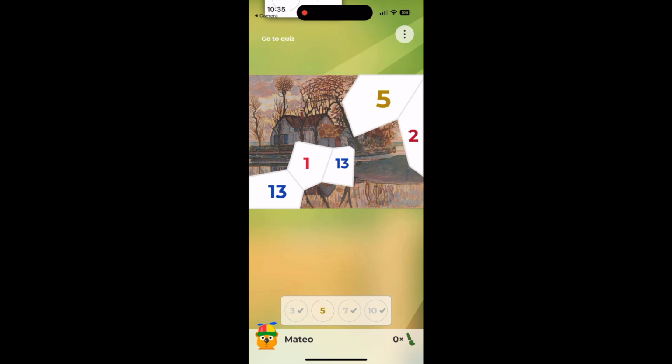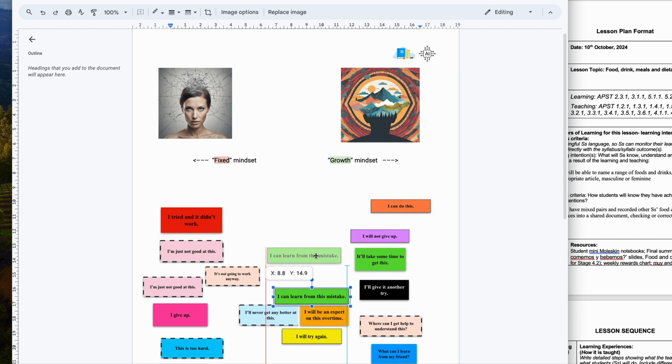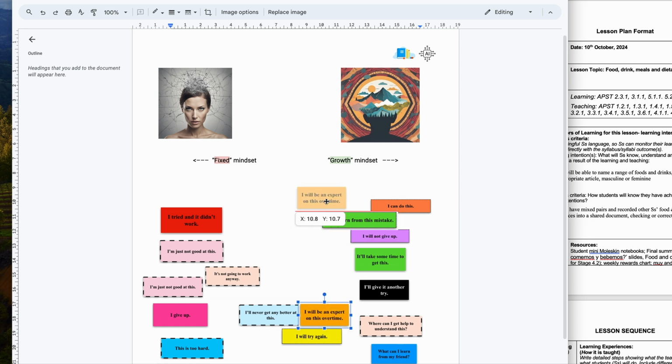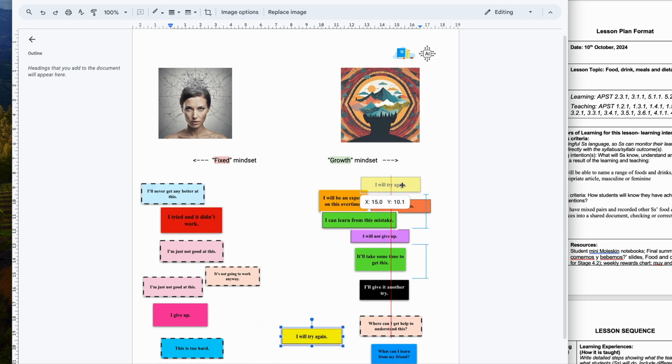Here, also, this one is a reinforcer of mindset. So it's not Spanish, but students, as needs dictate, can be allocated this task to reinforce growth mindsets over fixed mindsets. Useful for Jason or other students who are withdrawn.